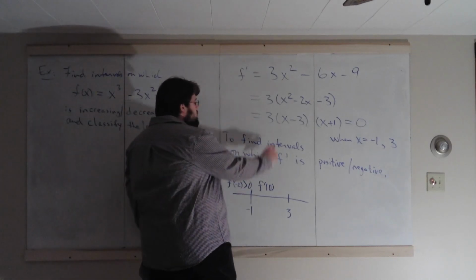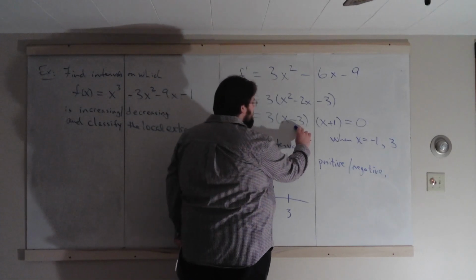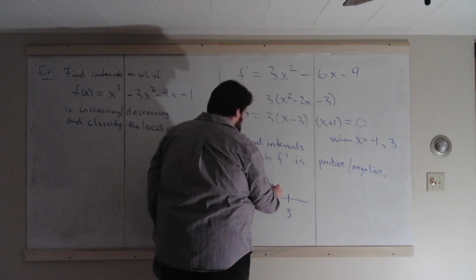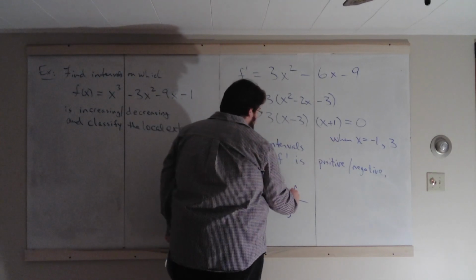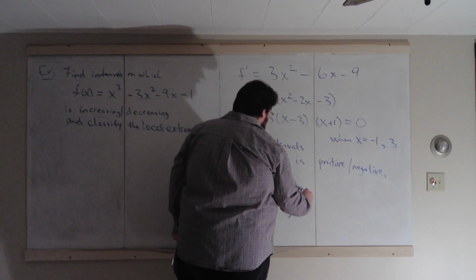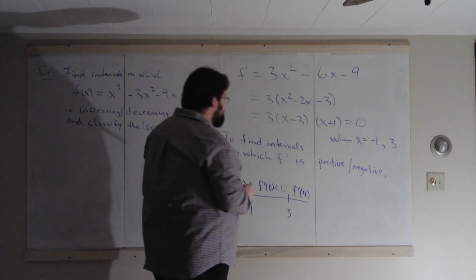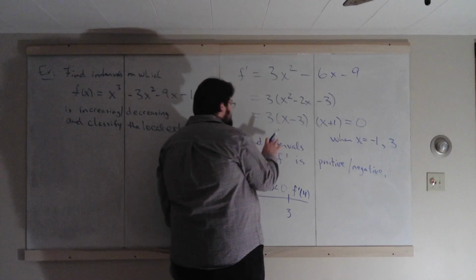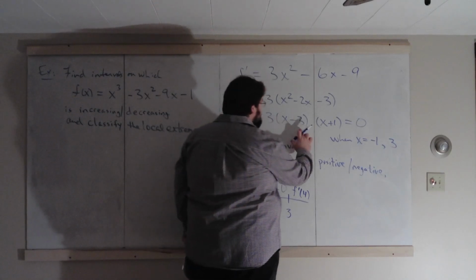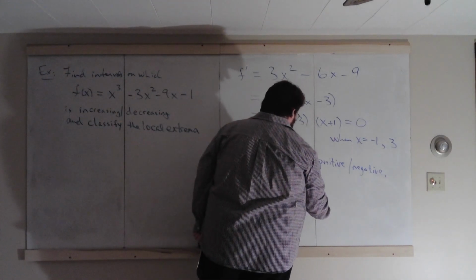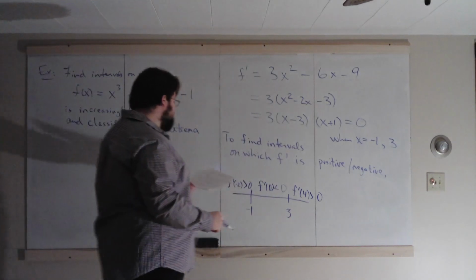F prime at 0, we have positive times negative times positive, which is negative. And over here, after 3, choose a number larger than 3. I'll choose 4. At 4, we have positive times positive times positive, which gives us a positive.